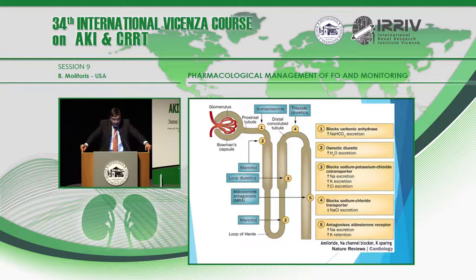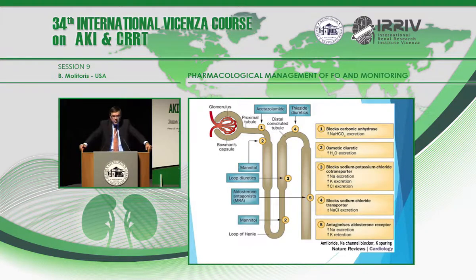You have the loop diuretics, which we all know inhibit the sodium-potassium-chloride cotransporter and are the most effective diuretics we have. And we have the thiazide diuretics, which in and of themselves are relatively mild diuretics. However, when we use loop diuretics and flood the distal tubule with sodium, the thiazide diuretics then become much more potent in their ability to induce a diuresis.